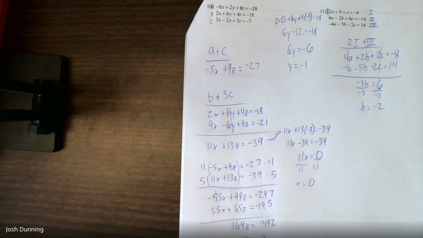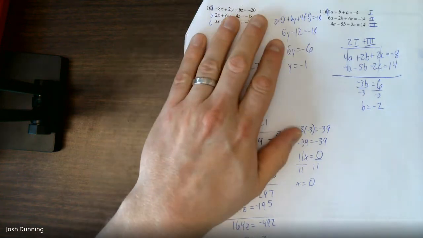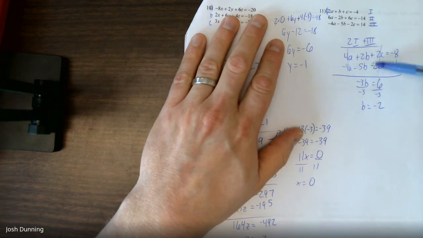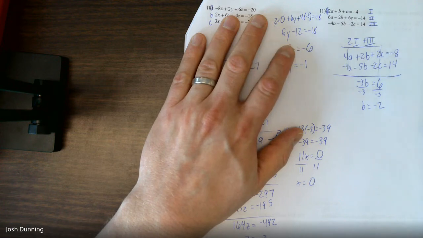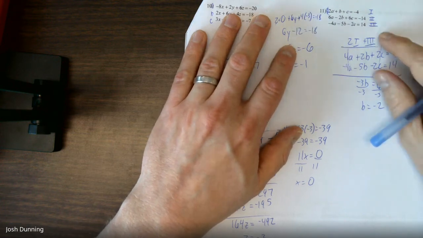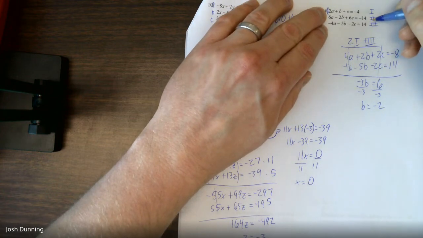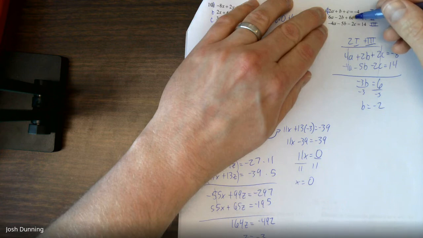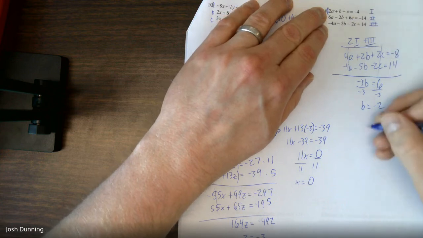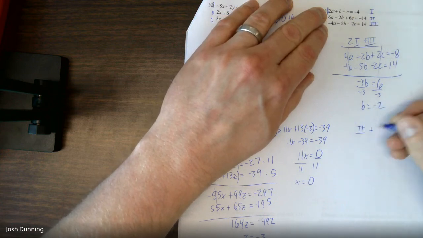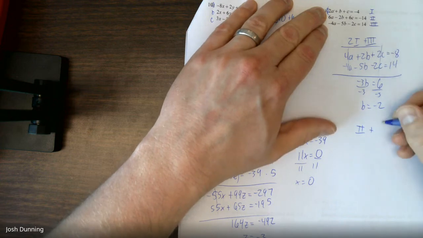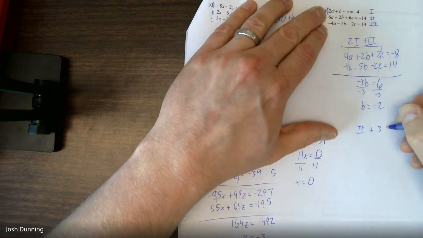Now, we need to plug this into a 2-variable equation. We don't have one. Both of the a's and c's here canceled out, so we got to go and do what we would have had to do anyway. Now I have to use equation 2, and I want to cancel out a positive 6. So I'm going to do equation 2, then I'm going to multiply equation 3 by 3 this time.